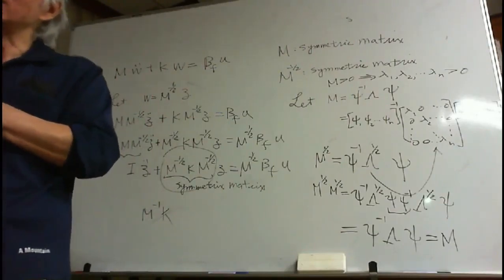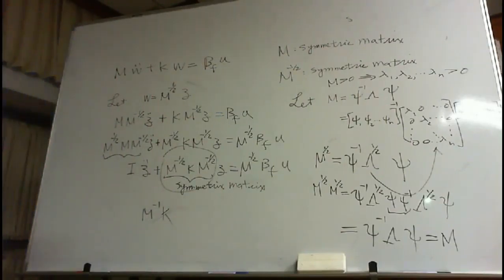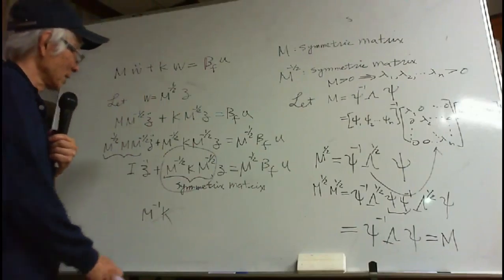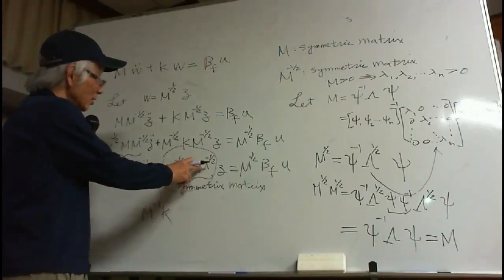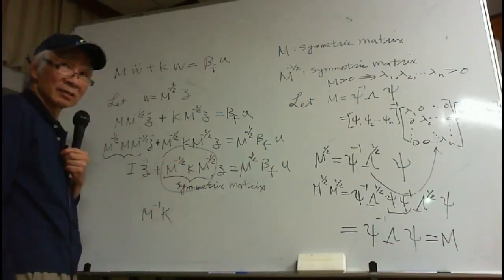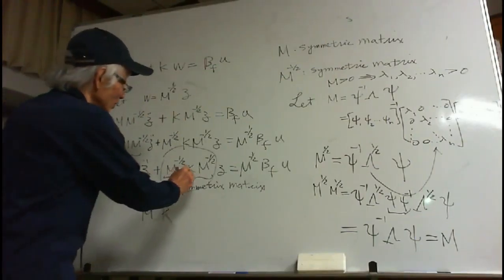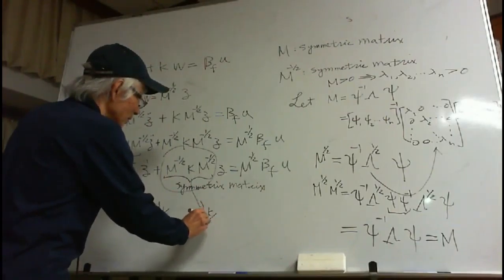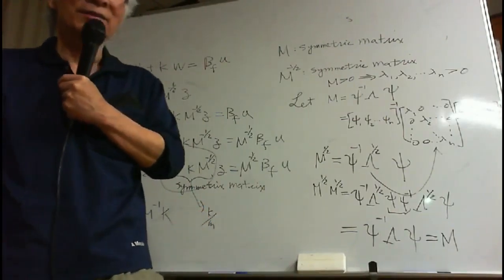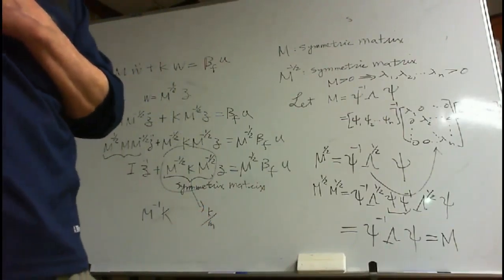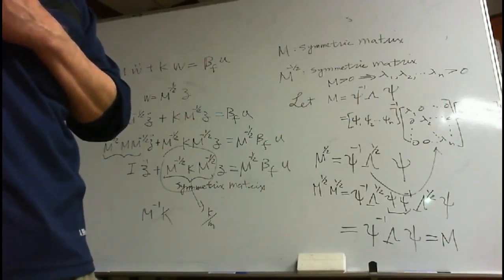And the eigenvector problem of this matrix is very simple because, just think about it, if this is a scalar, this scalar, this scalar, what does that mean? It's K over M. What is K over M? Omega squared.